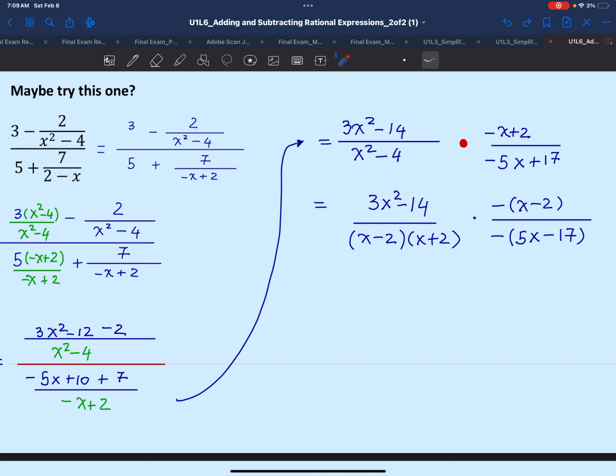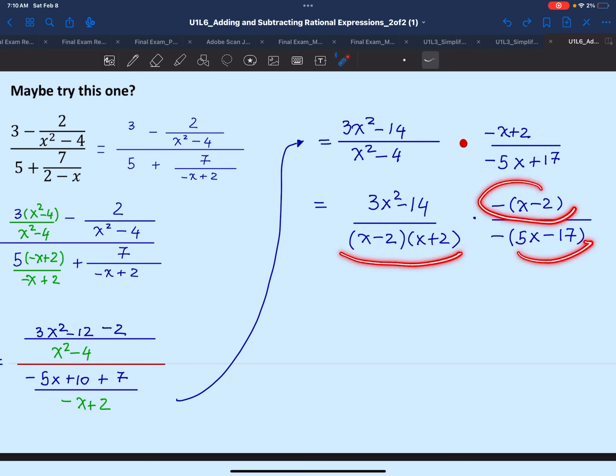Now, once we have the expression completely in factored form, we are going to take care of the restrictions. Remember that for restrictions, this cannot equal 0 and this cannot equal 0, so the denominators. But remember that also this numerator cannot equal 0. We brought this multiplication from division, which means that if this numerator is 0, then this expression would be undefined. So that's why we have to take care of 1, 2, and then this numerator when we complete the restrictions.